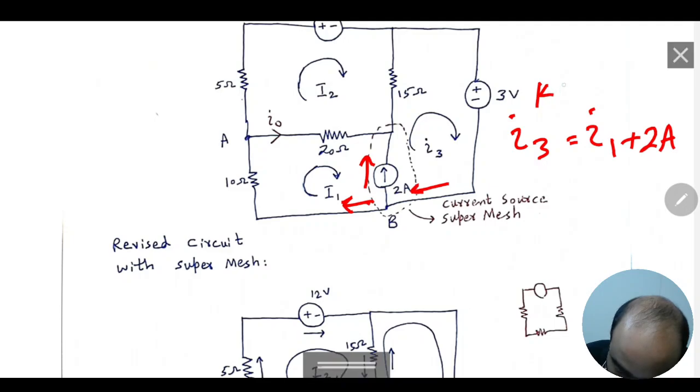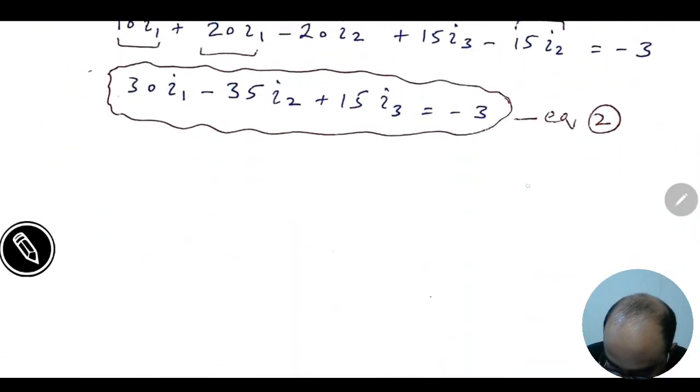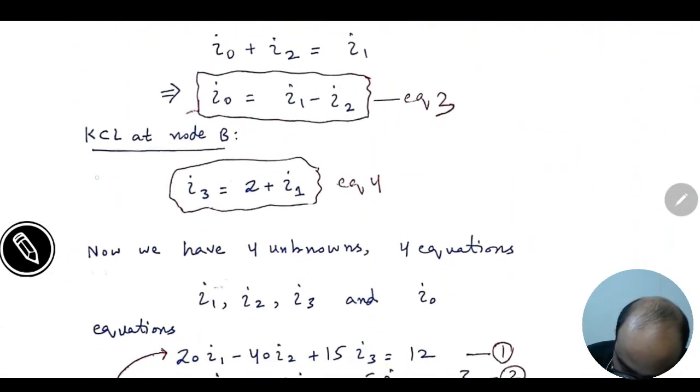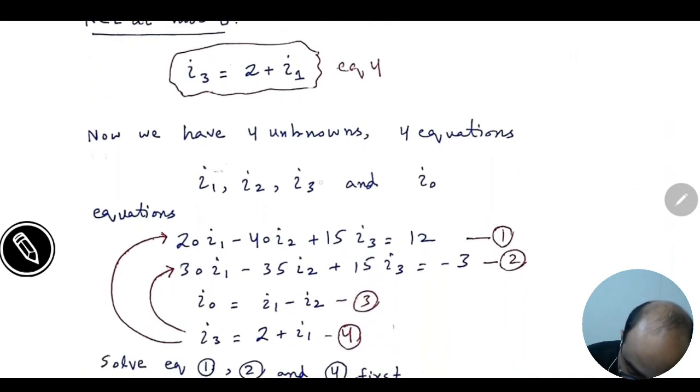It's KCL at B. Got it? Now go back to our notes. You can see KCL at node B: I3 is equal to 2 plus I1.